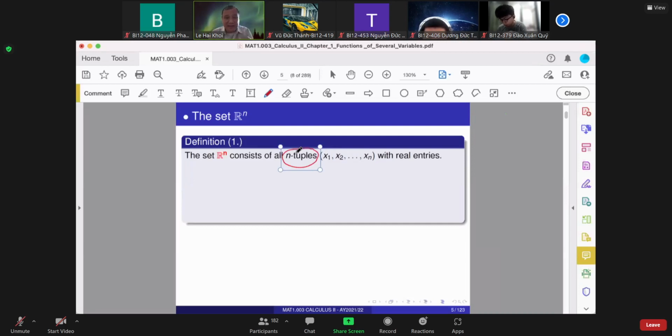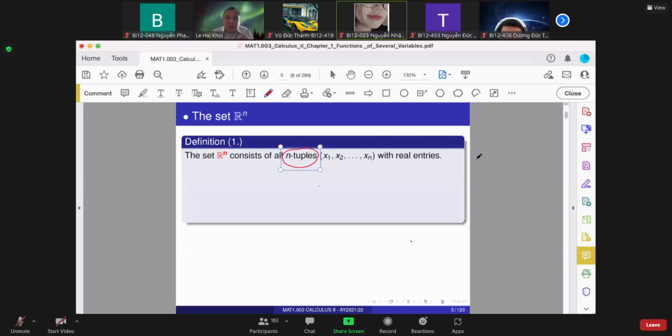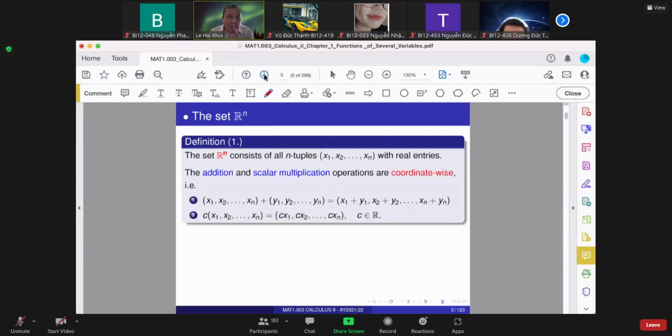For n-tuples in Rn, we can have two operations, addition and scalar multiplication.